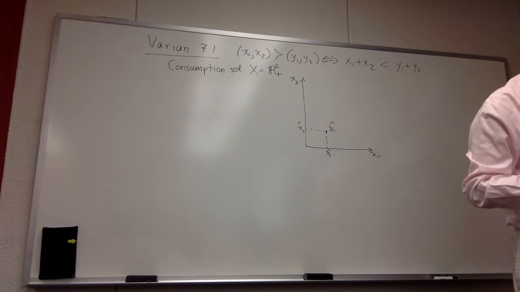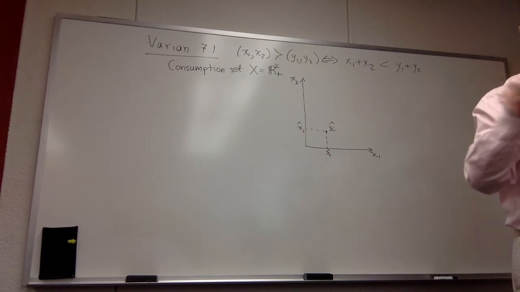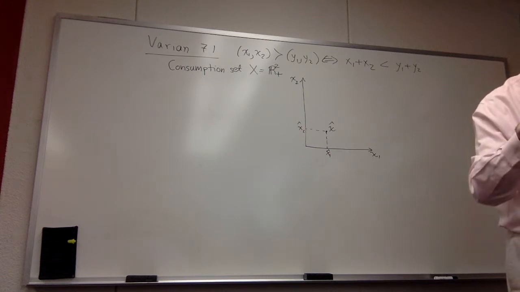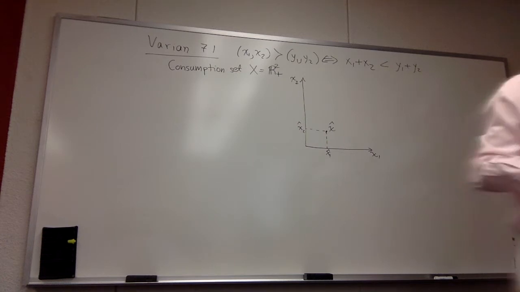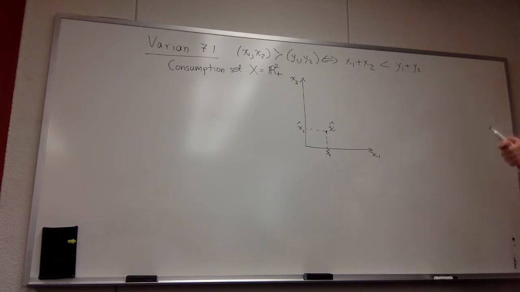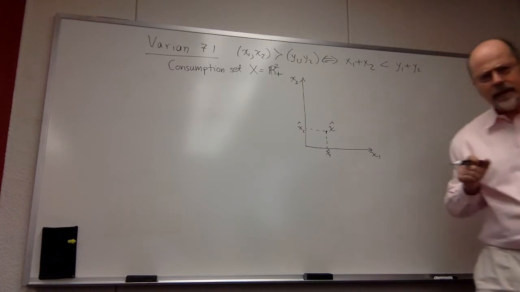Is indifferent, right? Because the sum x1 plus x2 remains the same. Yes? Perfect substitutes, right? Except, I'm not sure I should be saying goods here, but we'll come back to that. Commodities, I should have stuck with the original terminology. So perfect substitutes.